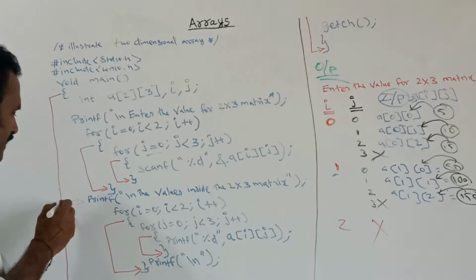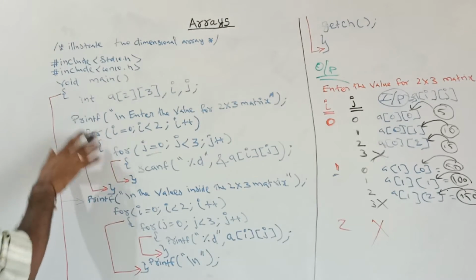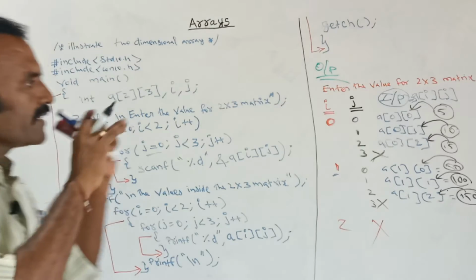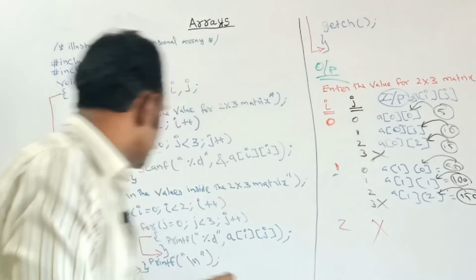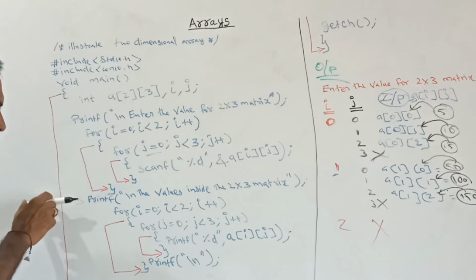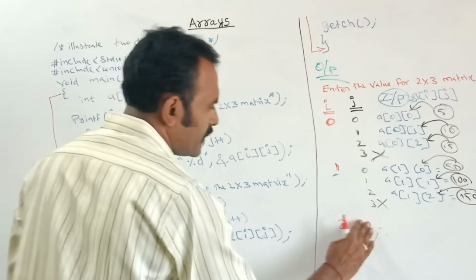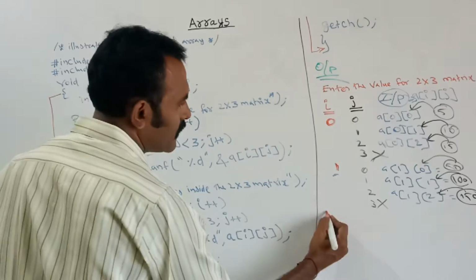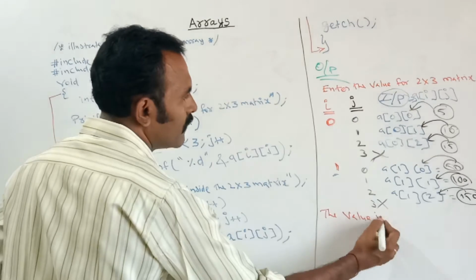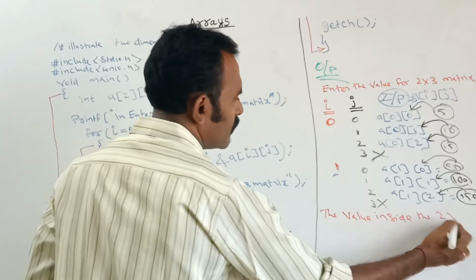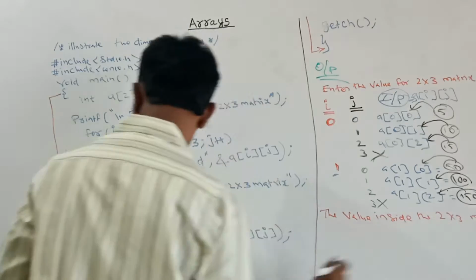Up to this point, we are giving the input. This nested for loop is used for getting the input to the variable. Next, after getting the input, we are coming to here, the value inside the 2 cross 3 matrix. Here it will print the statement.